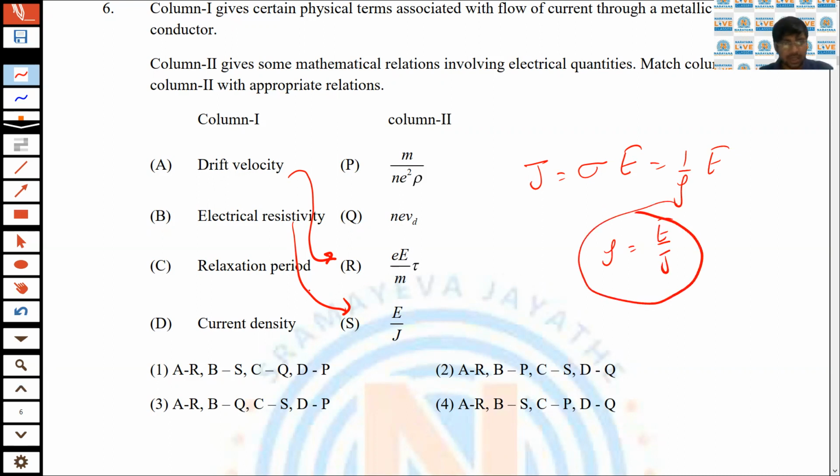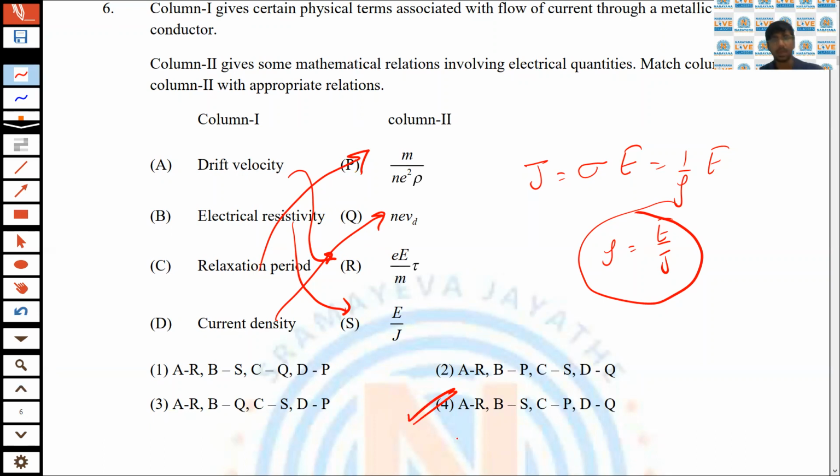Now the relaxation period, which is known as tau, is given by this relation, and the current density is nevd, because it is I by A, area. So the correct relation is A to R, B to S, C to P, and D to Q, which makes the fourth option the correct option.